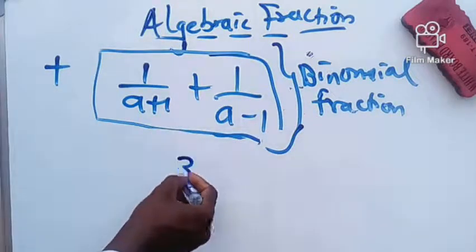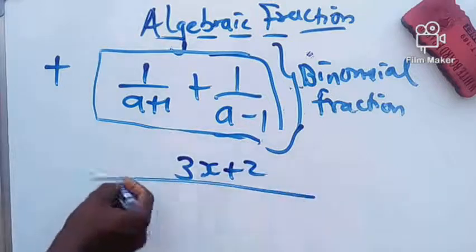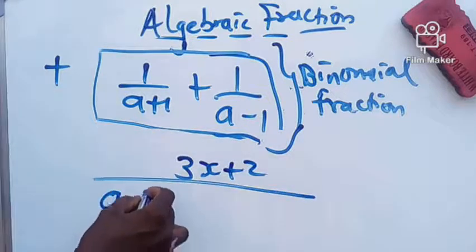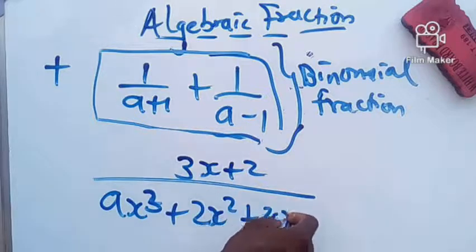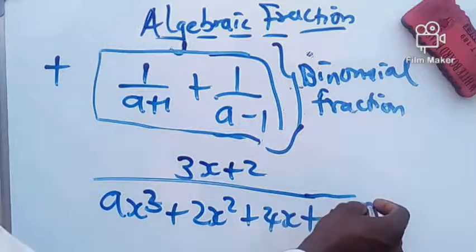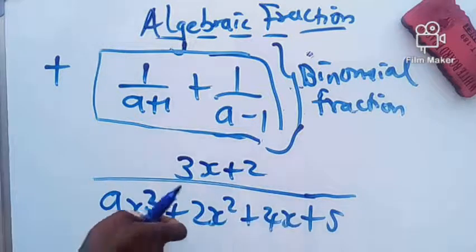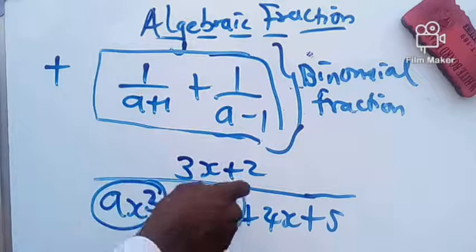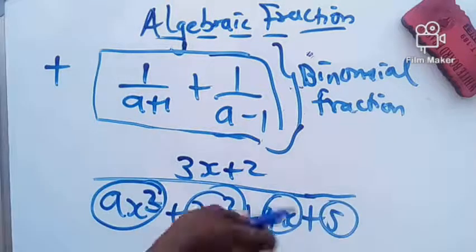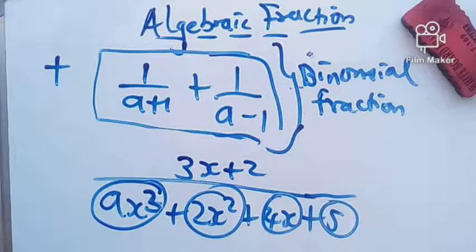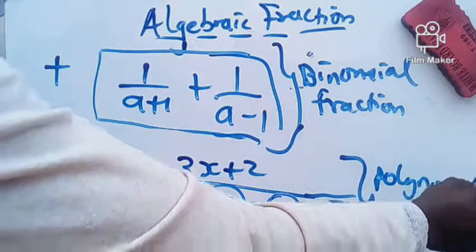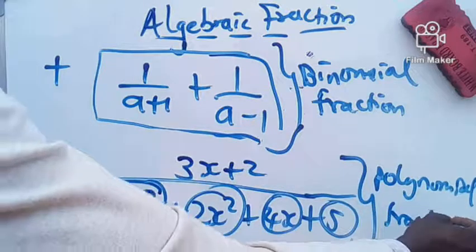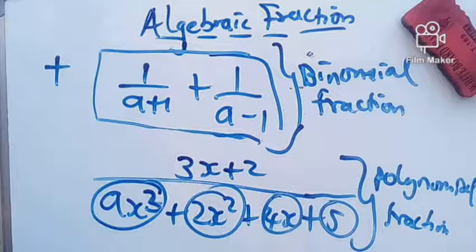Let's say we have a fraction like this, 3x plus 2 divided by x cubed plus 2x squared plus 4x plus 5. Now notice that this contains 4 terms, 1, 2, 3, 4, bounded by addition or subtraction as the case may be. If it contains more than 3 terms, this is a polynomial fraction, and so on and so forth.